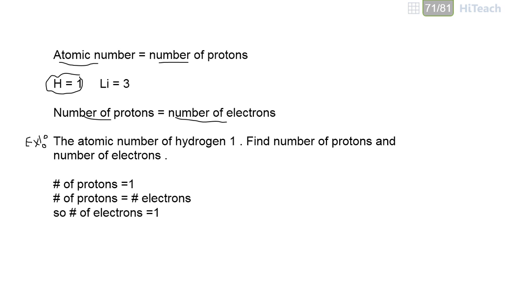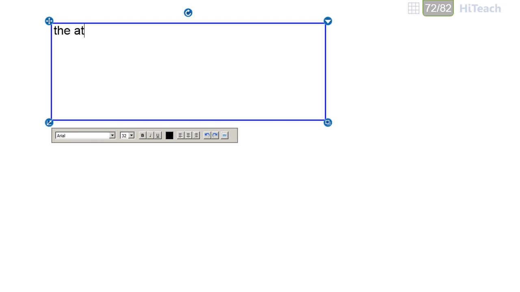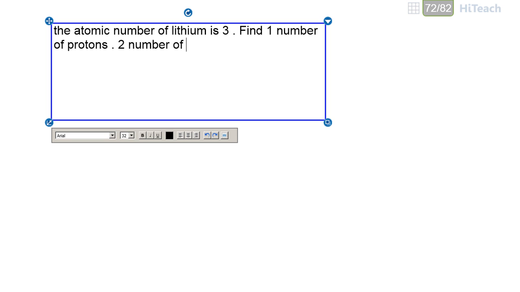I'll give you another example. The atomic number of lithium is 3. Find one, the number of protons, and two, the number of electrons.